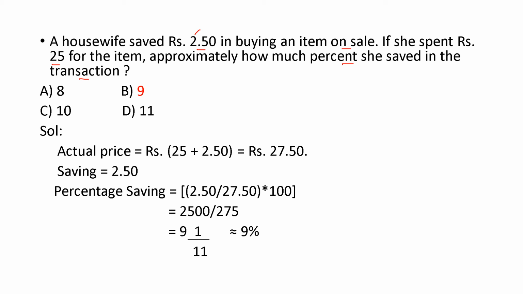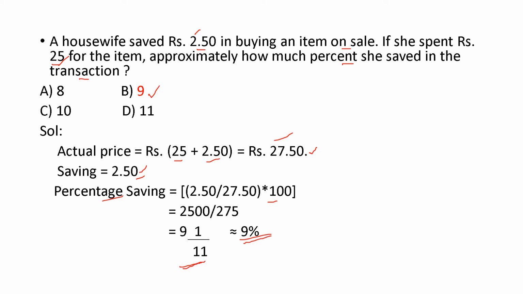If she spent rupees 25, that means 25 plus 2.5, so the actual price is 27.5. Saving is 2.5. Percentage saving is 2.5 divided by 27.5 into 100, and the answer is 9 and 1 by 11. So approximately we have taken it as 9.